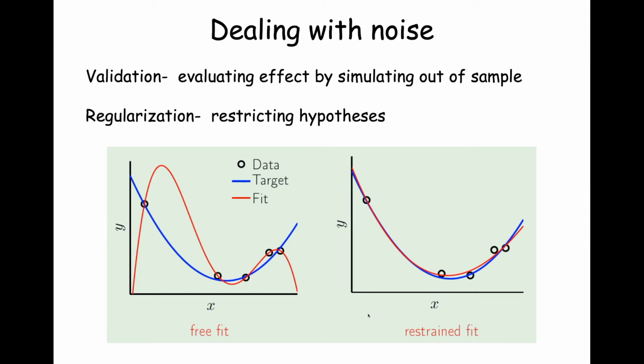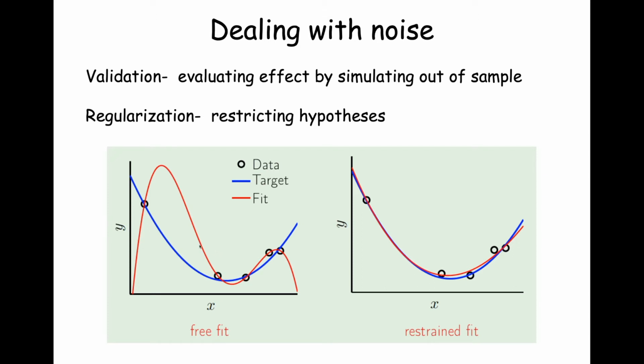namely regularization. We have a noisy quadratic target function in blue, and we have a fourth order polynomial hypothesis set in red. In sample, we see that our hypothesis set fits precisely all of the points sampled from our noisy quadratic target function, because it pierces each one of these data points perfectly.